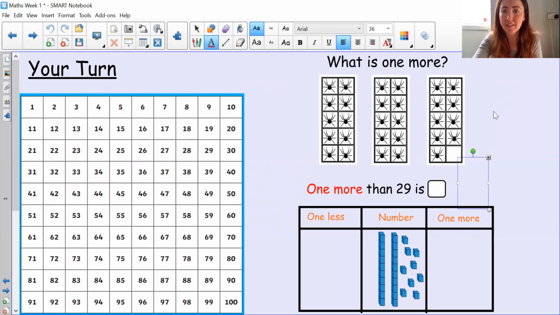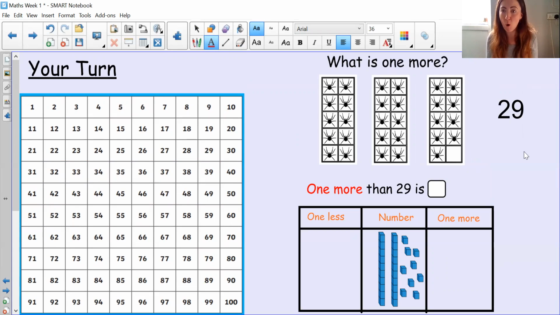Okay, so how many spiders are there? Now I can see I've got 2 10 frames that are full, and then 1 10 frame that has only got 9 spiders in. So I'm going to count in 10s, 10, 20, and then 9 more is 29. So there are 29 spiders to begin with. 2 10s and 9 1s, 29.